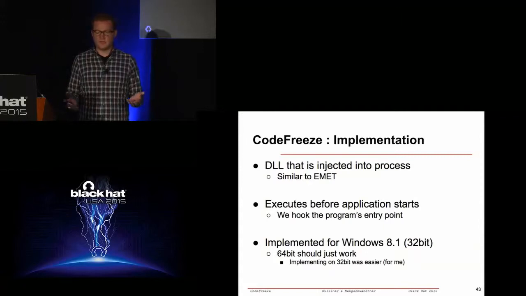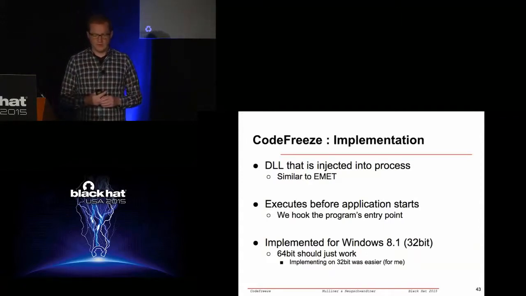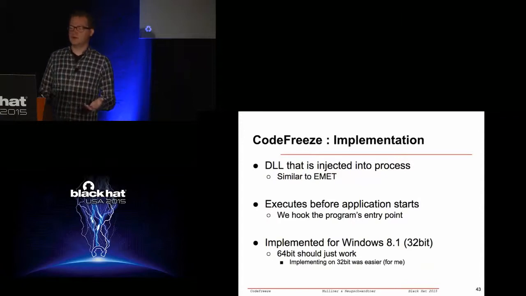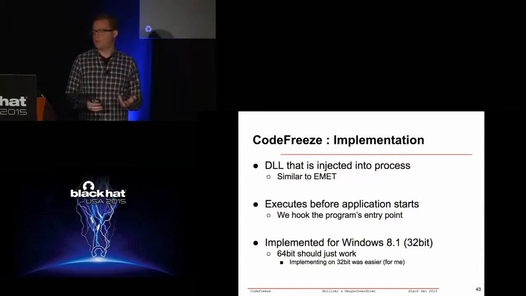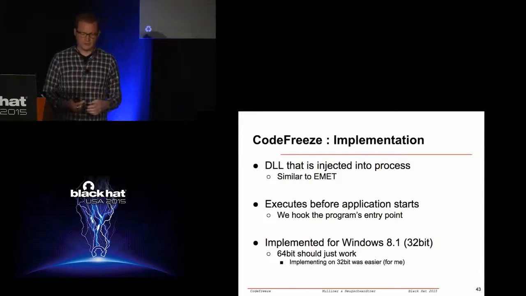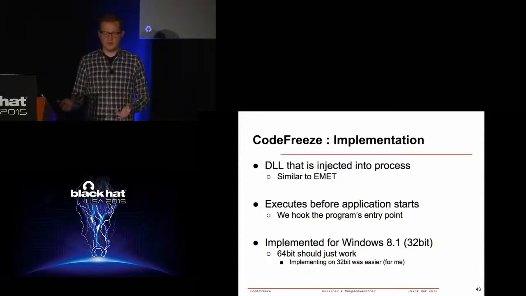And what our DLL actually does, once it gets loaded, is patch the program's main entry point so that our code executes before the application ever executes. So we can do all our operations, and then at the end we can just let the program execute normally.